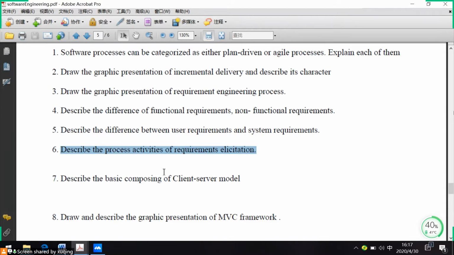Yeah, the next one, 7th, describe the basic composing of client-server model. This one should be in the 6th chapter, architectural design. The basic composing of client-server model.